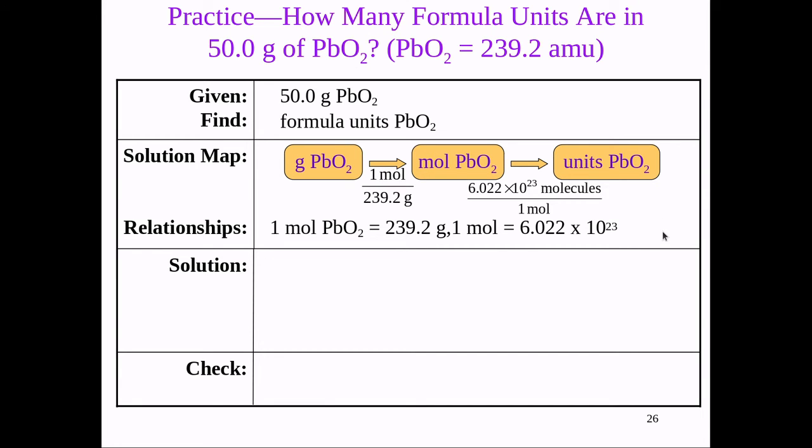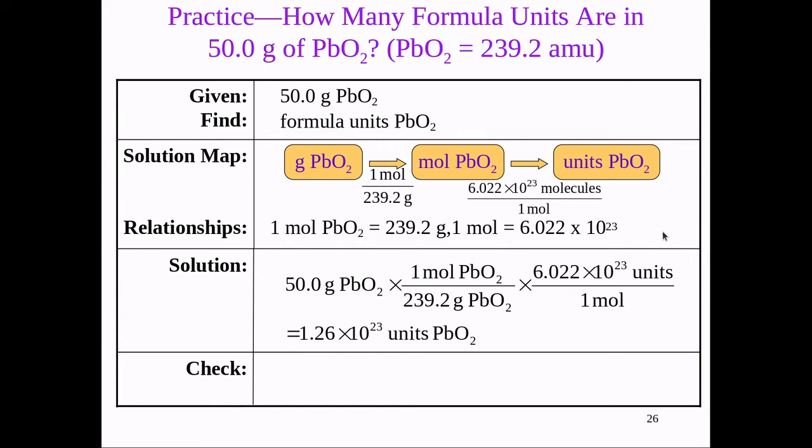And we have our 2 conversion factors. We have 50 grams of lead oxide. There's 1 mole for every 239 grams. There's 6.02 times 10 to the 23rd units for every 1 mole. We'll cancel those grams.